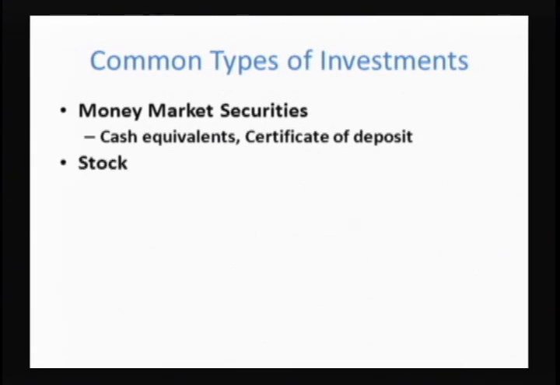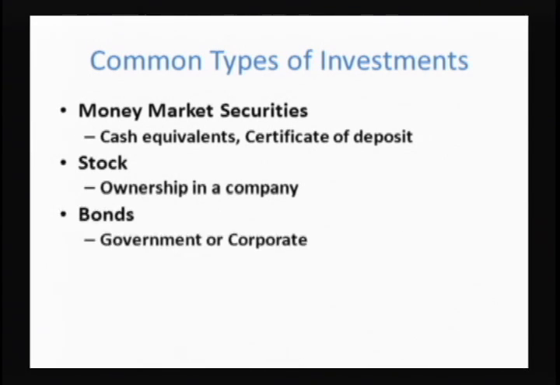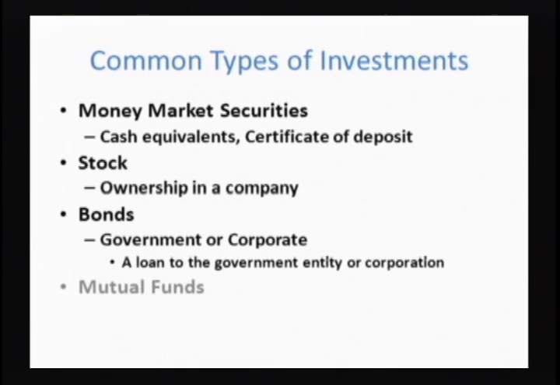We're going to talk about stock, individual stock, or owning a company. There are bonds, there are corporate bonds, and there are government bonds. And we'll take a look at mutual funds.